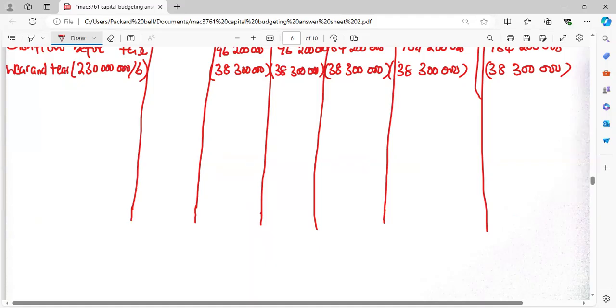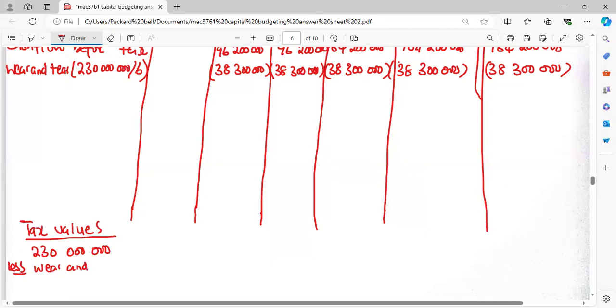So we need to calculate the tax value of the asset. That's the first thing. The tax value of the asset is going to be the cost of the asset, which is 230 million, minus capital allowance, in this case, less wear and tear.